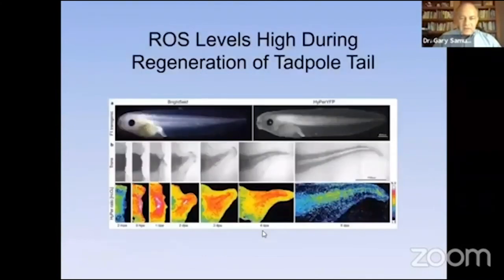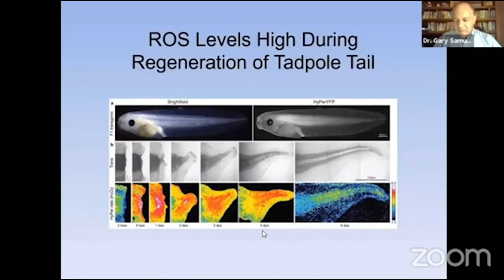I am going to go through this a little bit quickly, but we've found that the oxidants are very critical in the regrowth of tissue. This is a tadpole. You cut the tail off a tadpole and it regrows. The reds and oranges and the yellows are actually the redox signaling messengers, the oxidants that are inside the tissue.